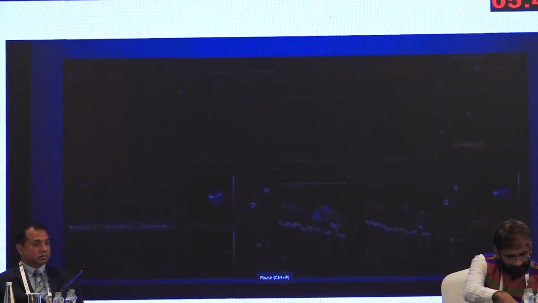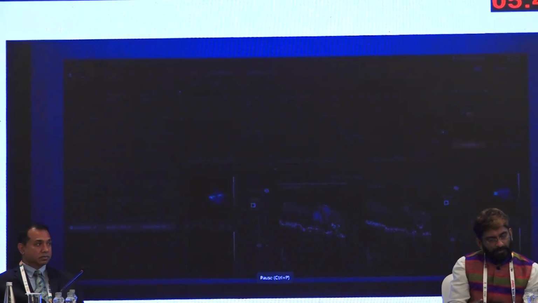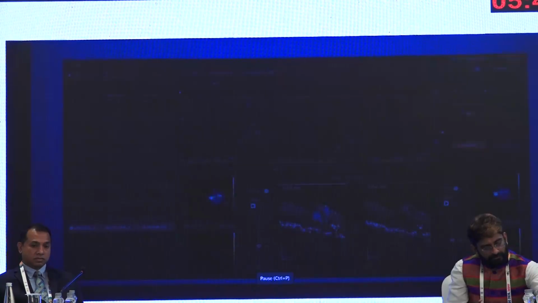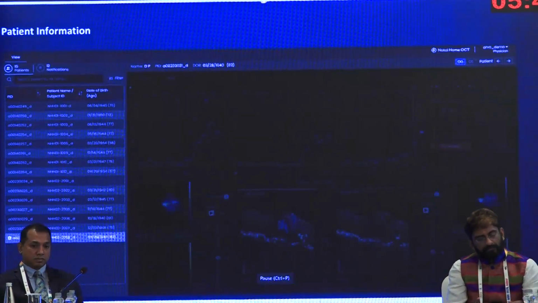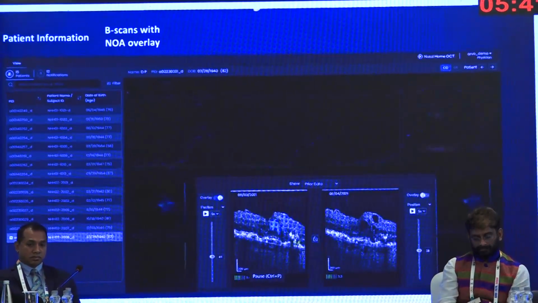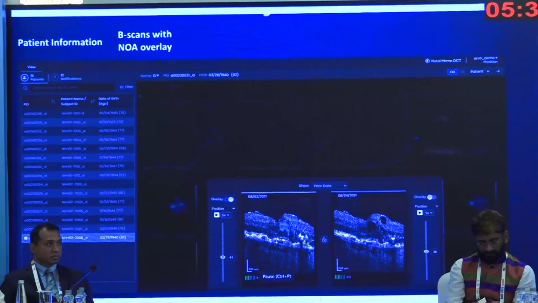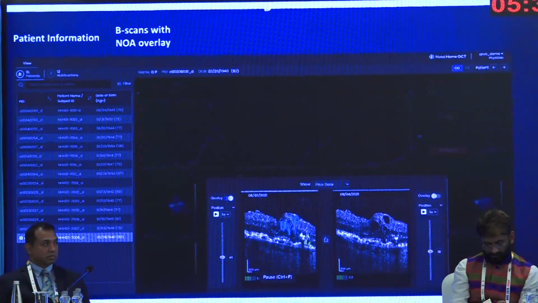This is the screen, and I'm happy to share that I'm part of this study as an investigator. This is the screen which we see when the patient is on home OCT. On one side you have the patient information, then you have the B scans with a Notal OCT Analyzer overlay.